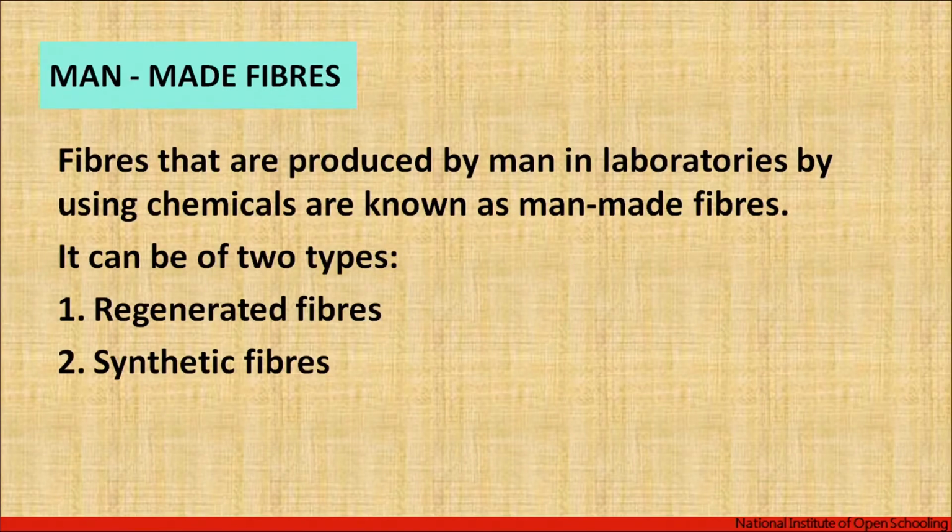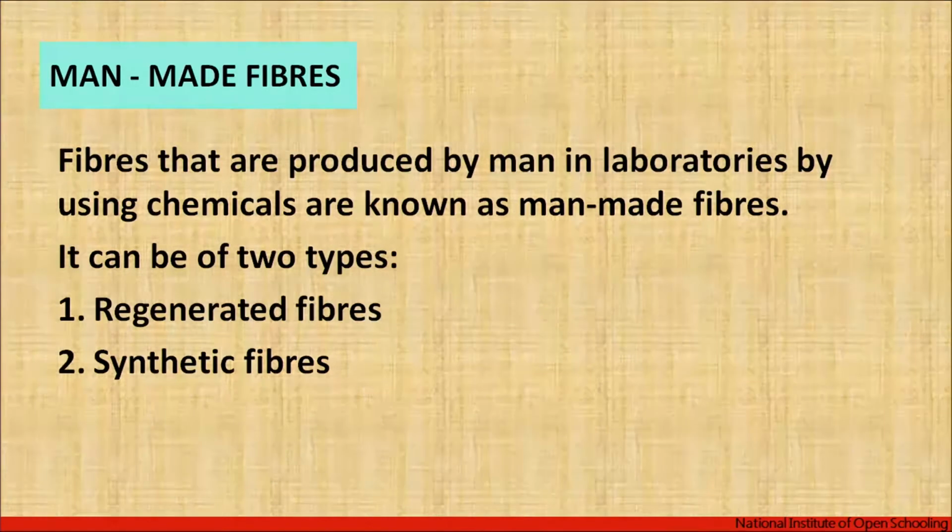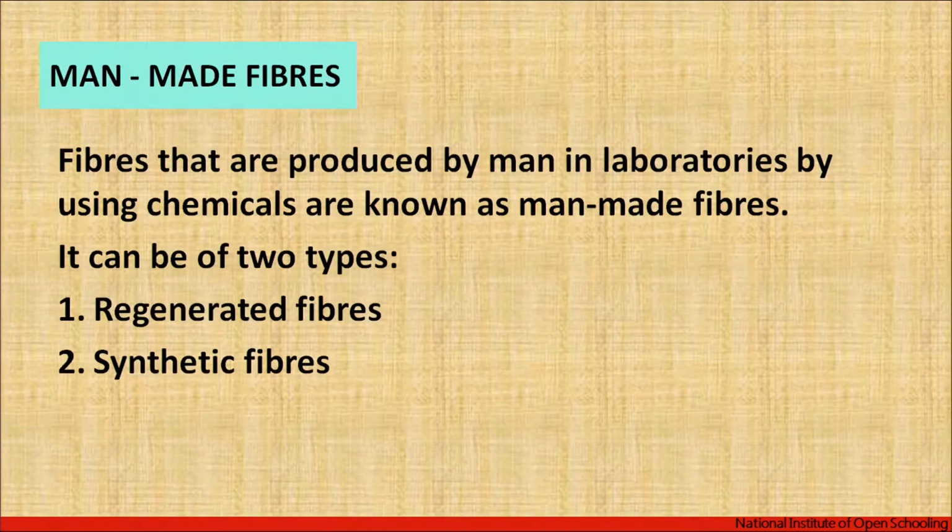Next, we have the man-made fibers. The fibers which are made in laboratories by using different chemicals are known as man-made fibers. We have two types of man-made fibers: one is called regenerated fibers, the other is called synthetic fibers.